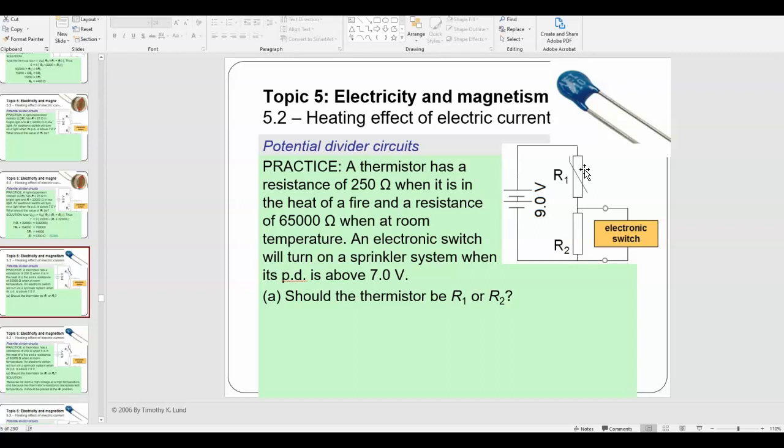Because it says in the problem that the switch is going to turn on the sprinkler system when the voltage goes above 7 volts. That means under normal circumstances, we want Vout to be less than 7 volts. We don't want the sprinkler system to go off under normal circumstances. We want a setup so that when the temperature goes up, Vout also goes up.